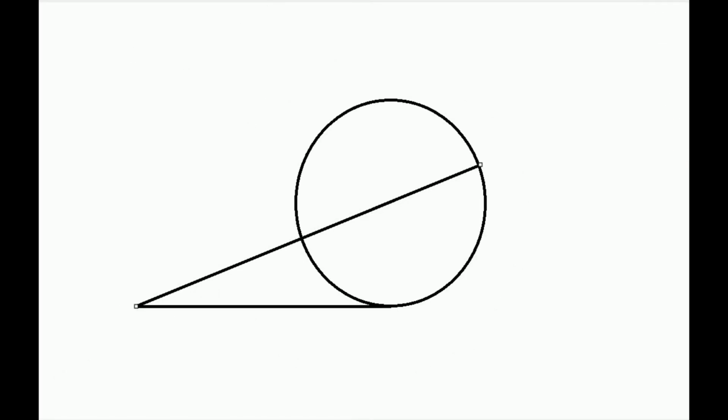So the first case is where the second line that isn't tangent runs through the center of the circle. In which case, we can draw a line going from the point of tangency to the center, and we form a right triangle. So if we're using our previous notation, this is A, this is B. The entire length was C. This part will just be C over 2. So this isn't too bad.